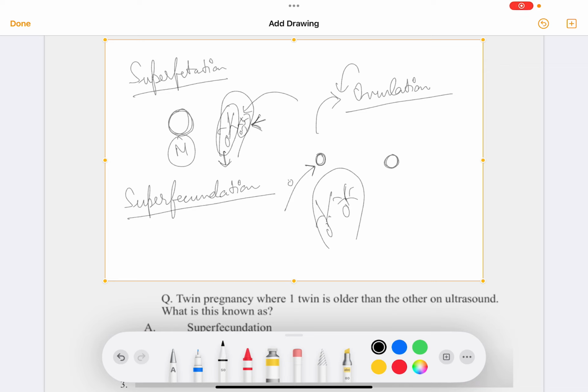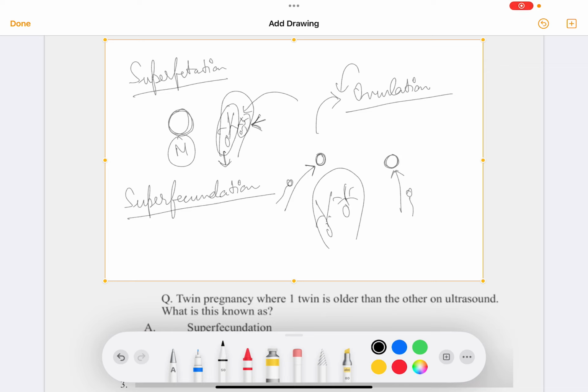One ovum was fertilized by one male's sperm and the second by another male's sperm. So if there are 2 acts of coitus in the same cycle, these 2 acts of coitus can lead to 2 fetuses forming at the same time but from 2 different fathers, and then it is called superfecundation. Or sometimes both the fetuses may be from the same father, but the act of coitus will be different.